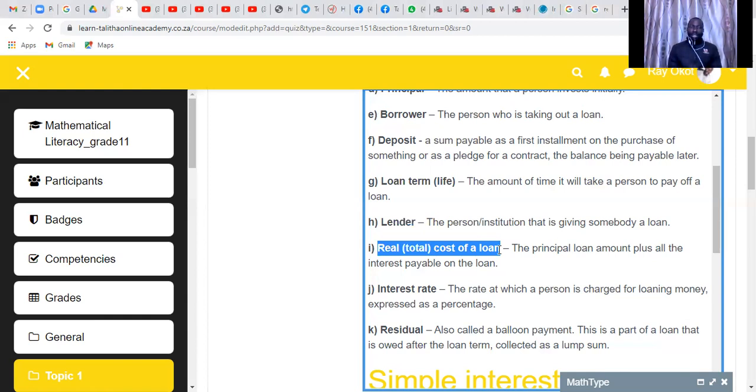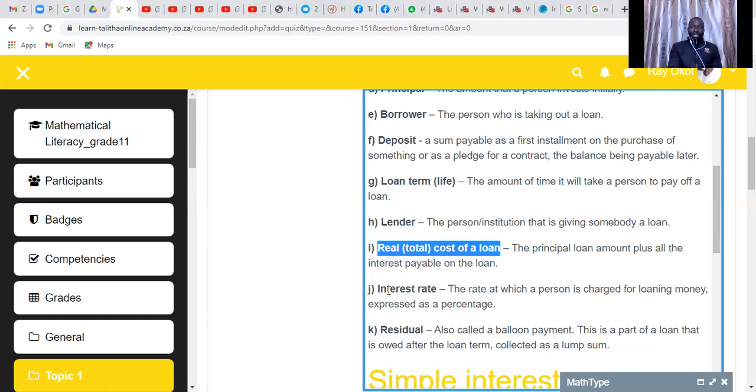That is like when the bank has given you some money, let's say 200,000 rands, and you are supposed to pay back with some interest, which altogether will add up to 250,000. The whole amount of money, the loan, plus the extra money that you have to pay as interest when added together is what we call the real cost of a loan.